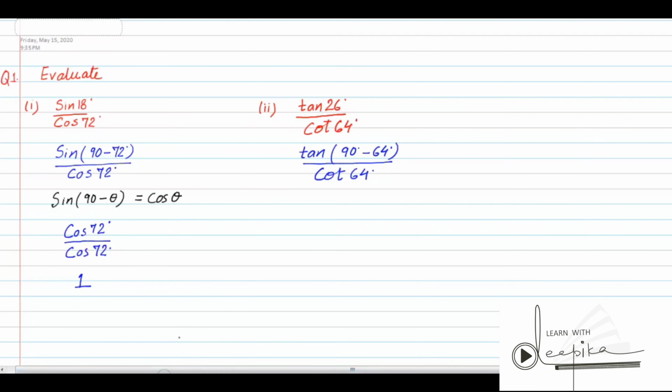Now we will use the formula tan 90 minus theta is equal to cot theta. From this formula, your numerator will be cot 64 and the denominator is also cot 64. From this you will get your answer as 1. Now we will move to our third part.